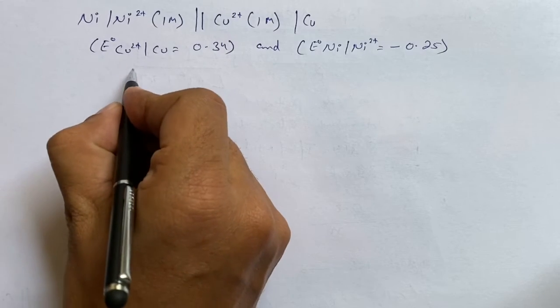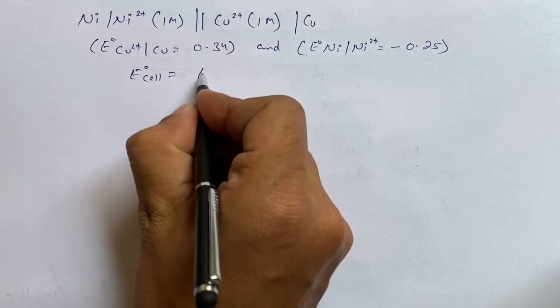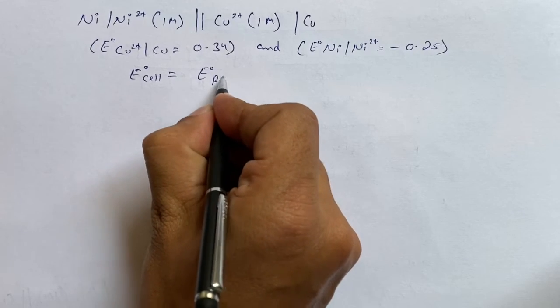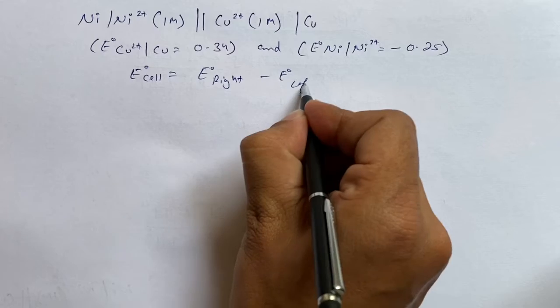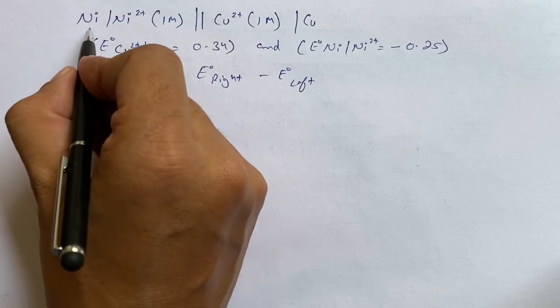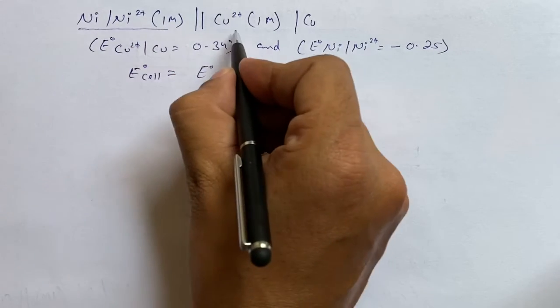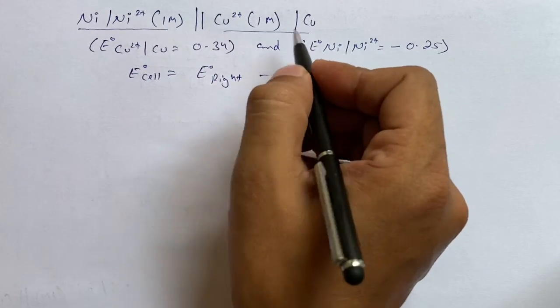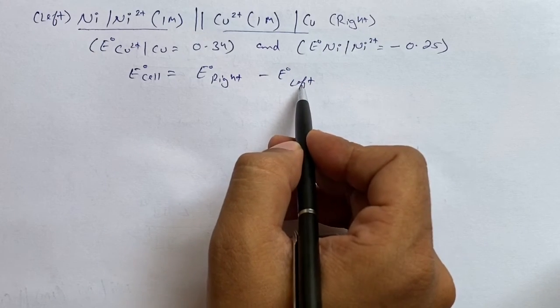Now using the formula E naught cell equals E naught right minus E naught left. Students, remember one thing: this side is your left side, this side is your right side. According to the formula, right minus left.